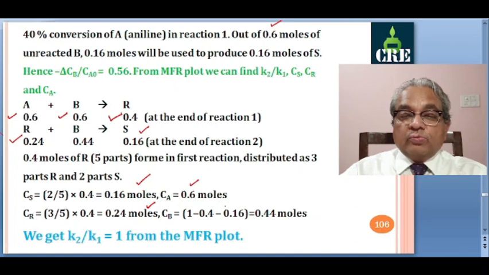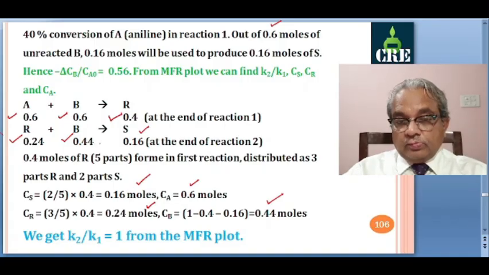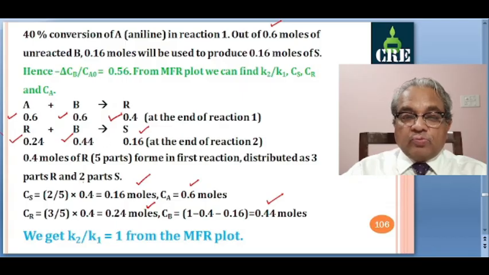So 1 minus 0.4 minus 0.16, that is 0.44. This R formed is 0.24 and unreacted B finally is 0.44. So B reacted in the first reaction is 0.4, reacted in the second reaction is 0.16 and remaining is 0.44.